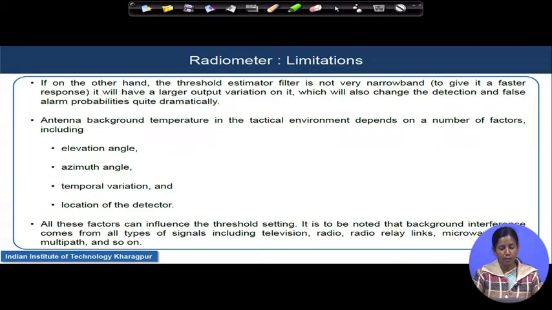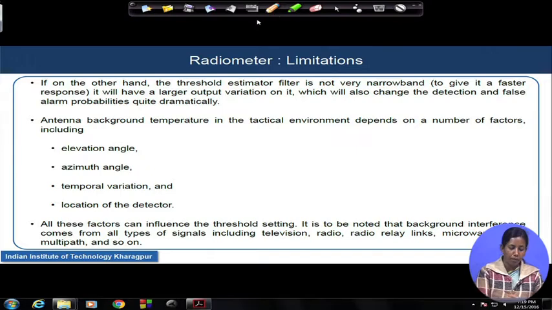The other problem is coming from the antenna background temperature. In the tactical environment, it depends upon so many factors. Number one is the elevation angle, second is the azimuth angle of the antenna, then temporal variation, and location of the detector.